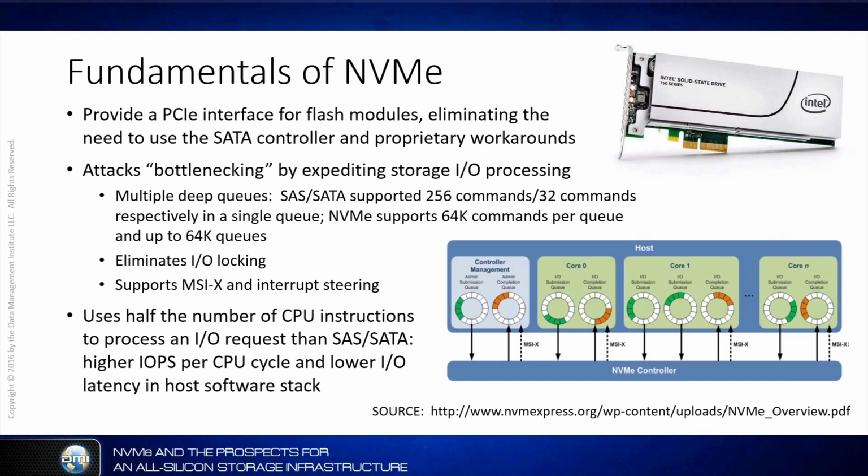Now, at the end of the day, what was produced was a standard that uses half the number of CPU instructions to process an I/O request than did SAS or SATA. And that resulted in higher IOPS per CPU cycle and lower I/O latency in a host software stack. All right, that all sounds great. I mean, it doesn't really solve all the problems of storage.